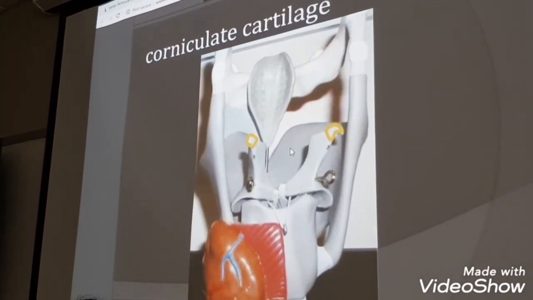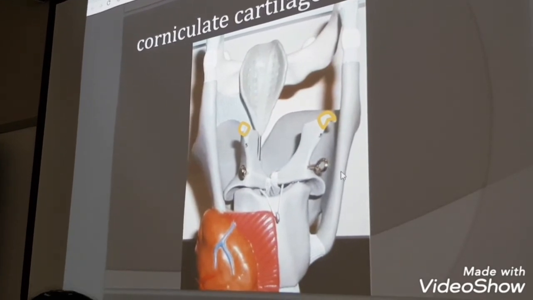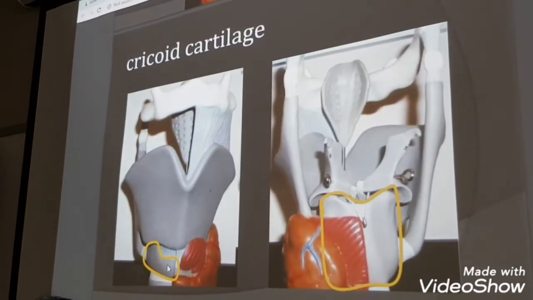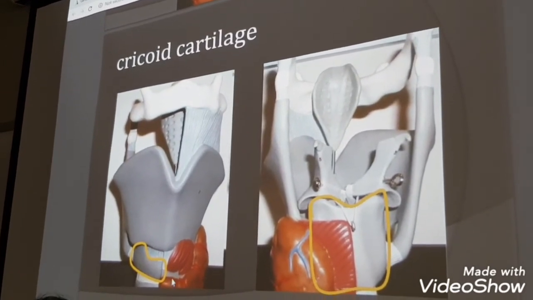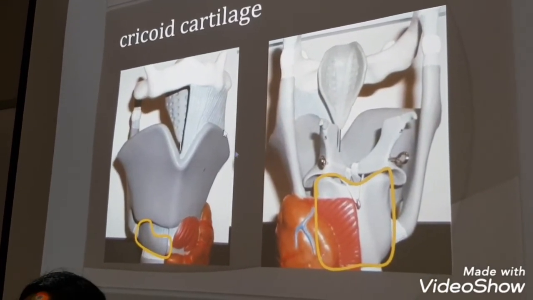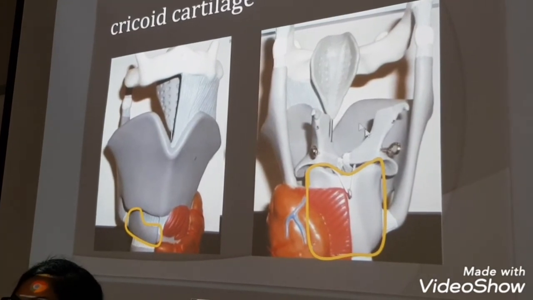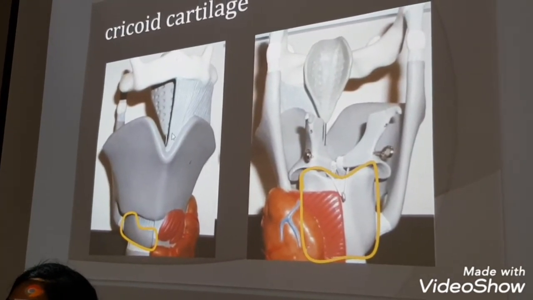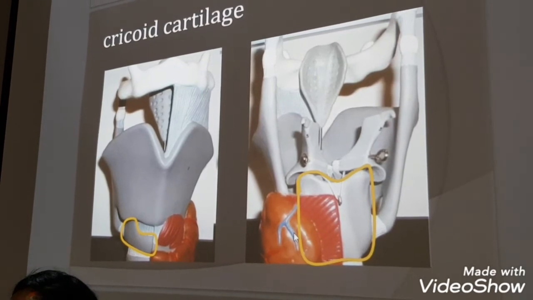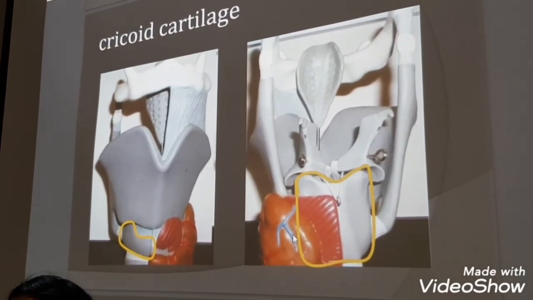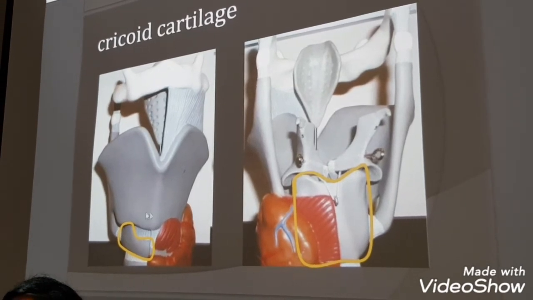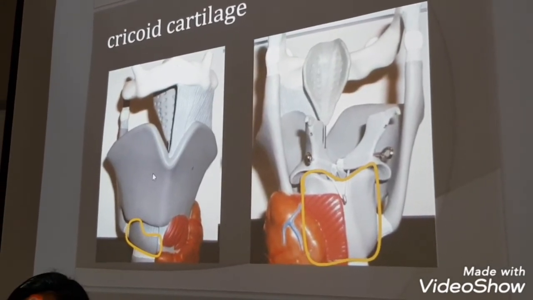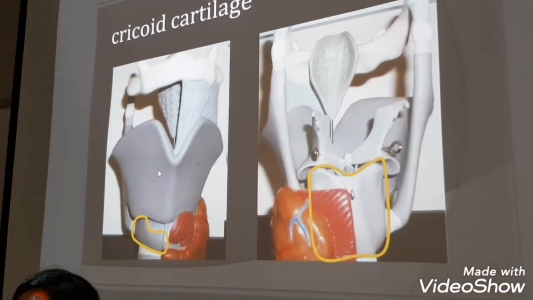I don't believe I put corniculate on your list, but they look like horns. And here's the cricoid cartilage I was referring to. It's important to understand the anterior view versus the posterior view. On the posterior view of this model, you can see the thyroid gland a little more prominent. And on the anterior view, you can see the thyroid cartilage taking up a majority of your view.